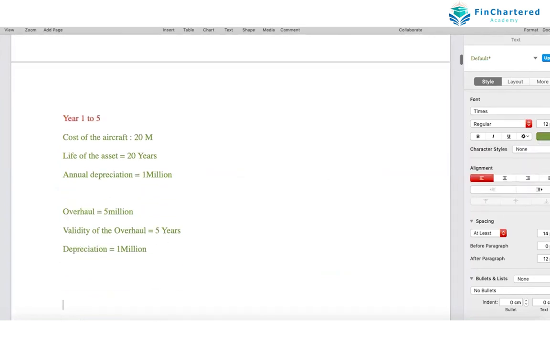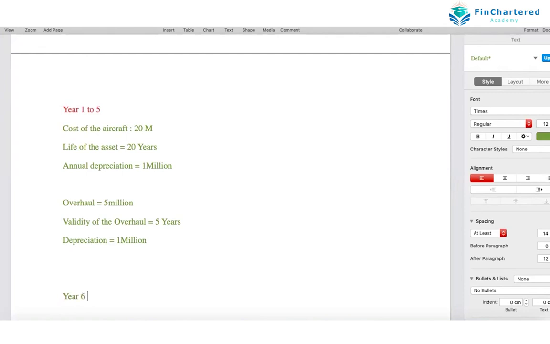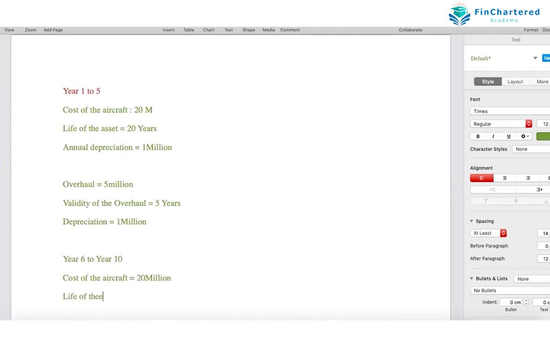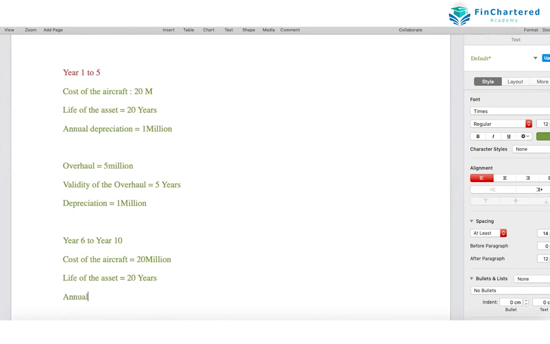Then from year 6 to year 10, again, a separate overhaul is done. Again, cost of the aircraft is 20 million. We know this. Life of the asset was 20 years. So we know from before itself that the annual depreciation for the aircraft for all 20 years is 1 million.